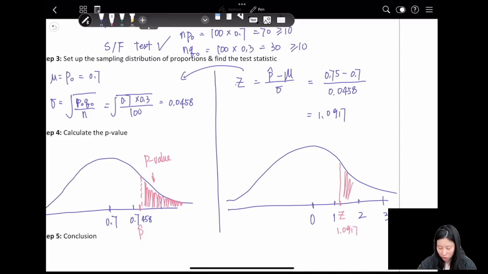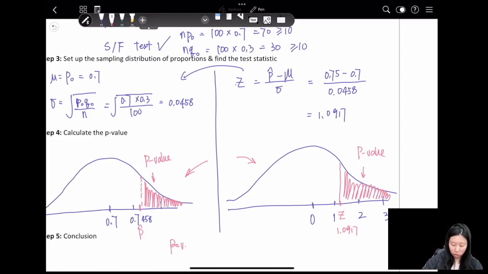So our p-value would be this area. There are two ways that you can find the p-value. You can either put the sample distribution into GeoGebra or the test statistic into GeoGebra. You should end up with the same results. You can use one, or put in one and use the other to test, to see if you got the same result.